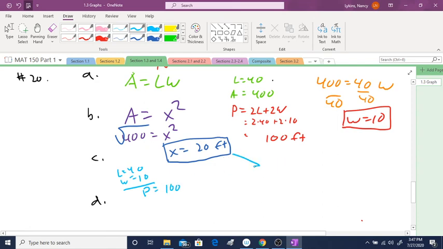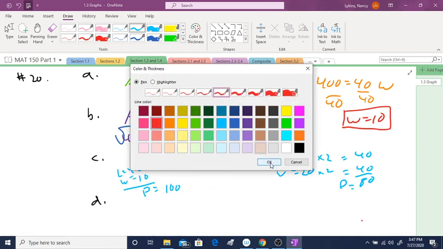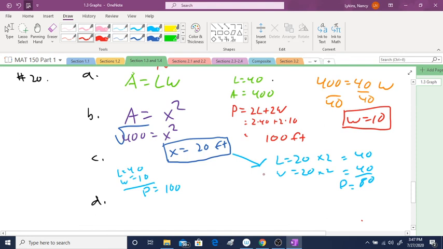Now let's take a look at when the length is 20 and the width is 20. How many lengths do we have? 2, and 2 widths, you get 40, add them up, 80. So you got 80 for one perimeter, 100 for the other. So can rectangles have the same area but different perimeters? The answer is yes.